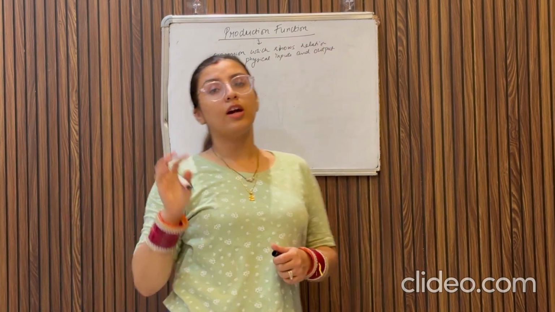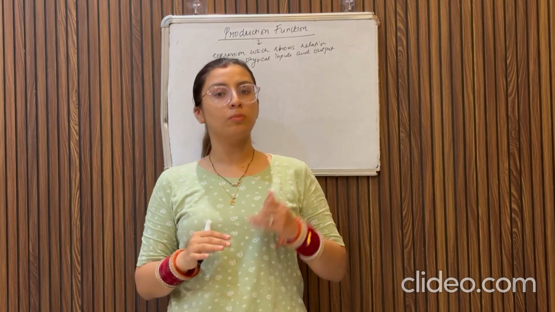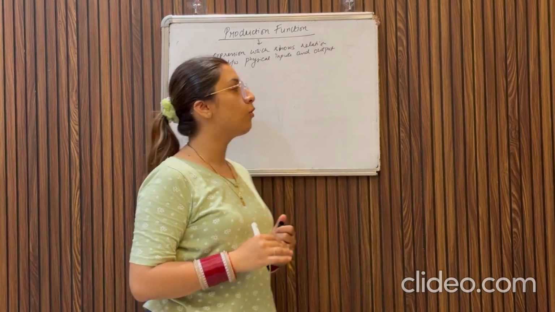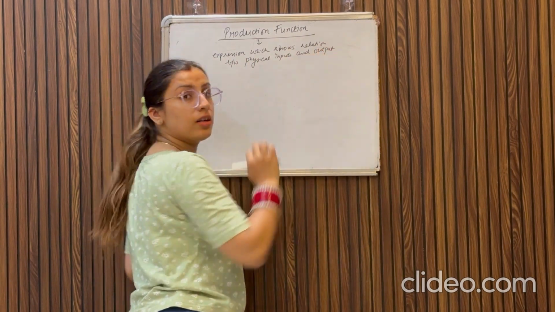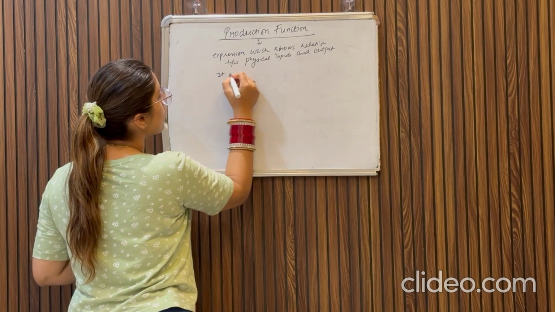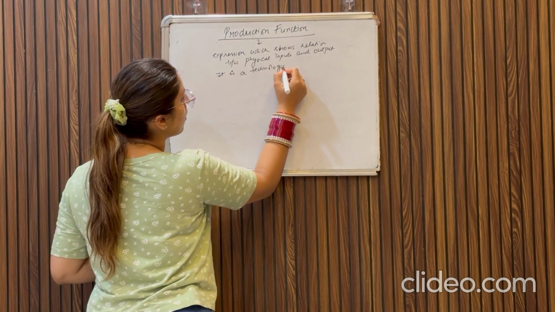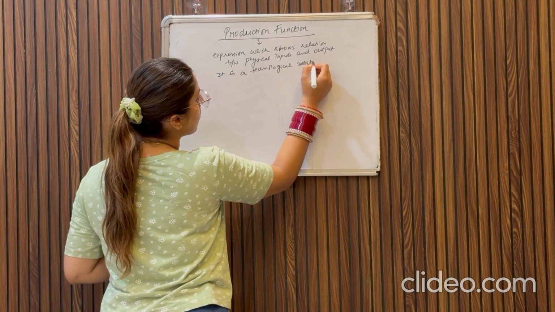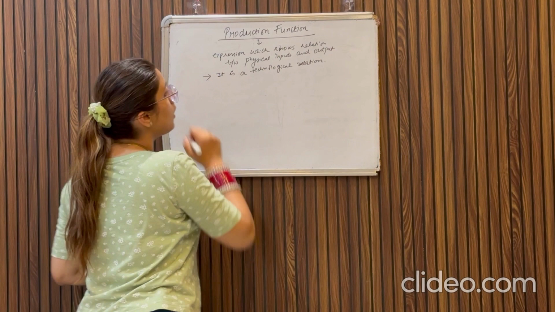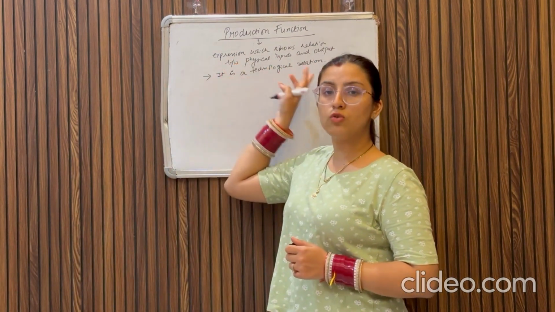That is, production function describes the relationship between all the inputs which have been used to make a particular commodity or particular output and the product itself. So it is a technological relationship. That is, using the technology which will be used to transform the input into the output.